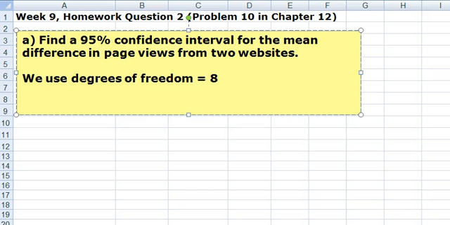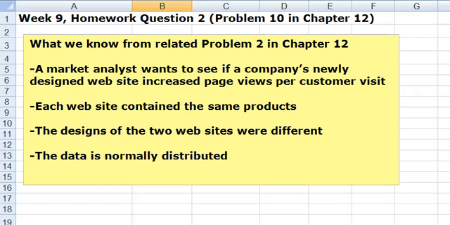Part A asks us to find a 95% confidence interval for the mean difference in page views from two websites. We know that we have degrees of freedom of 8. Now problem 10 in chapter 12 is related to problem 2 in chapter 12.